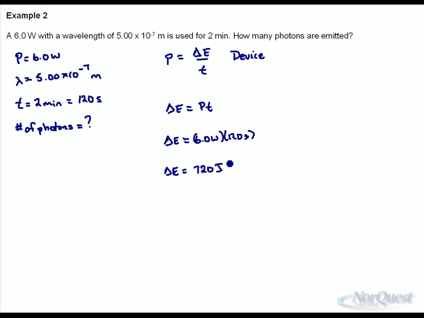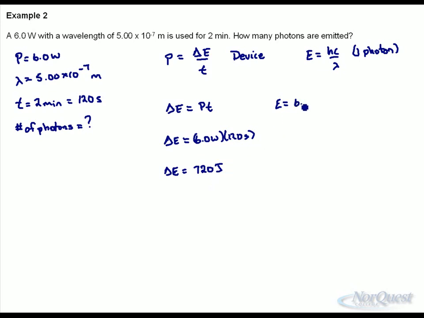What we want to do is, since we know the wavelength of the photon, we can find the energy equal to hc over lambda, and this is the energy of one photon. So we can find the energy per photon using this formula. Since we're dealing with total energy in joules, let's use Planck's constant with joules.